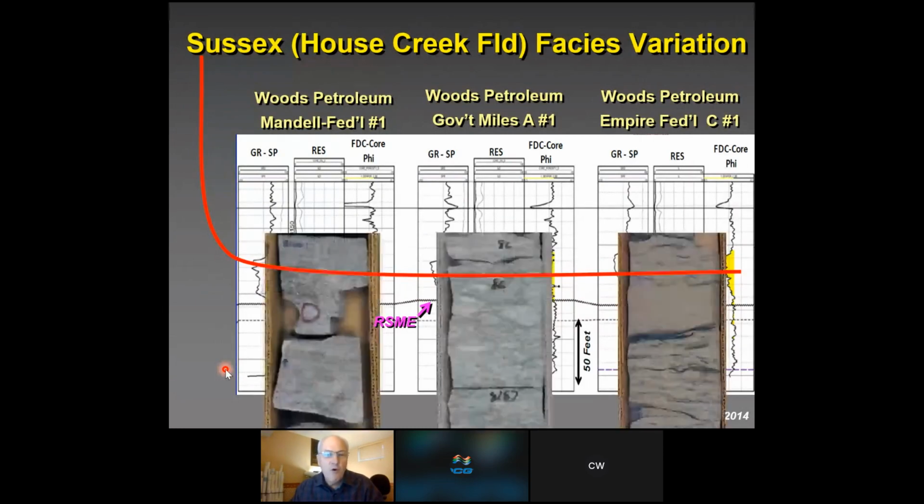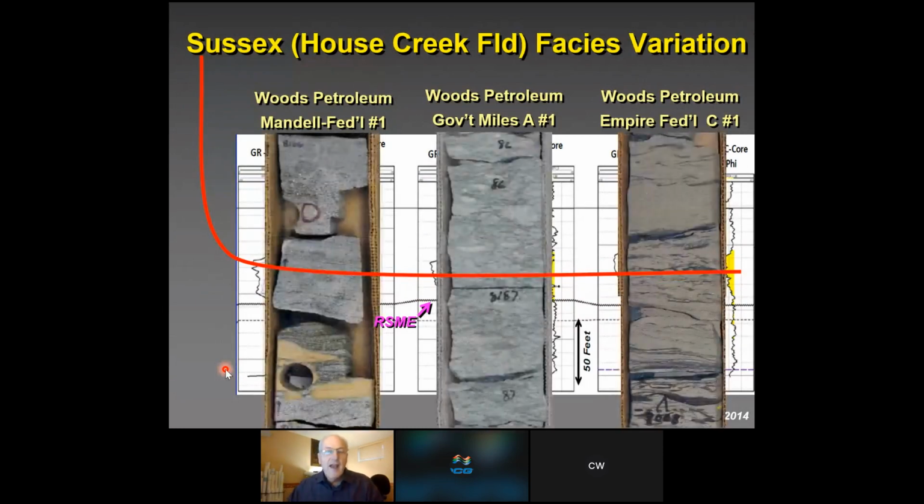Because you can look at the cores. And each well is going to have a different porosity and permeability as you vary from cleaner, coarser grain, cross-bedded glauconitic sands in the Mandel Federal, versus maybe a bioturbated, muddy sandstone here in the Government Miles, to interlaminated sandstones and mudstones with rip-ups in the Empire Federal.